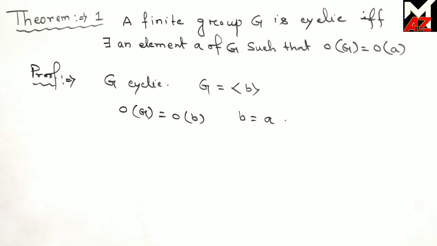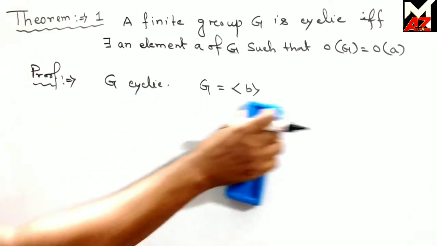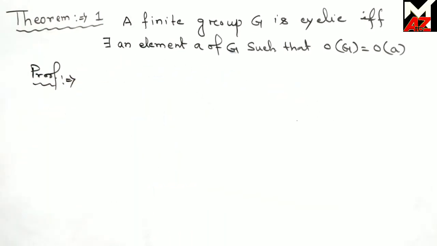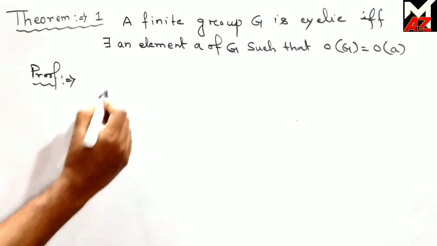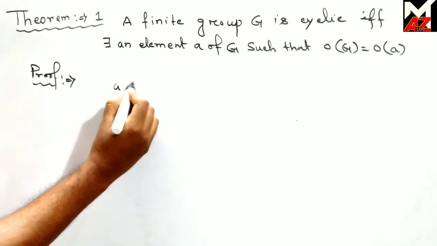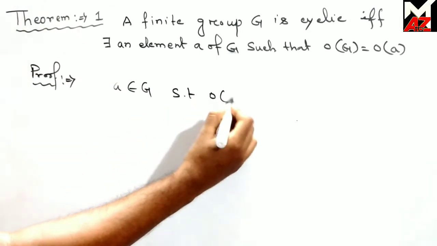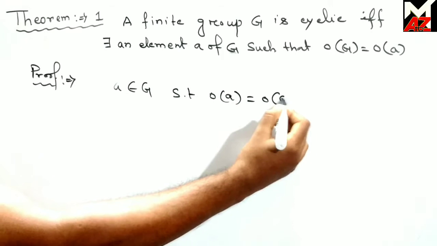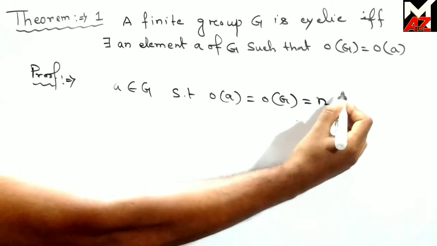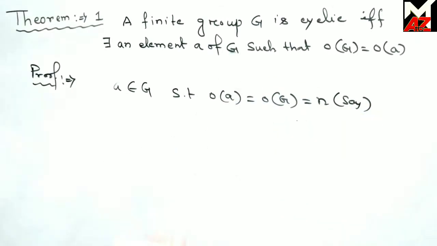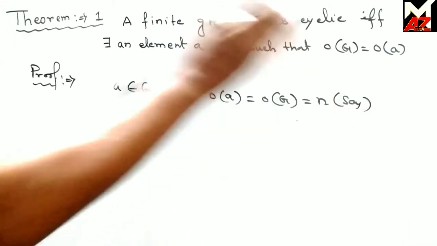Now, conversely, we take that there exists an element A belongs to G such that order of A and order of G is equal to n. Say it is given and we say it is n.